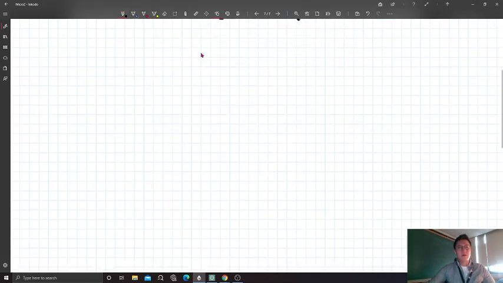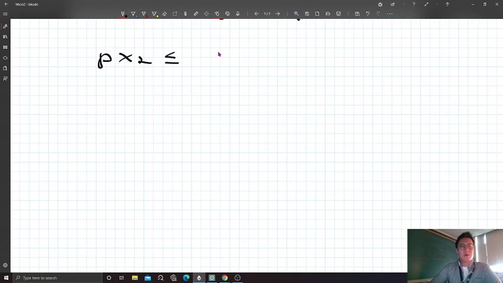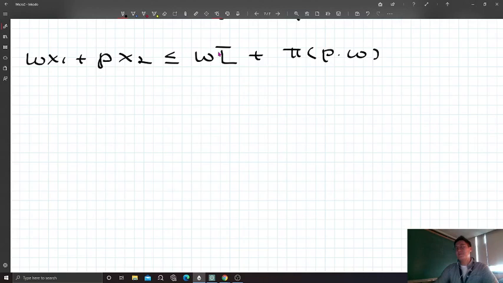So the consumer's budget constraint was w x1 plus p x2 should be lower than or equal to w L bar plus pi. And we already figured out the profit function from the firm's problem. So given that profit function, we can draw the indifference curve and this budget line on the plane of x1 and x2.